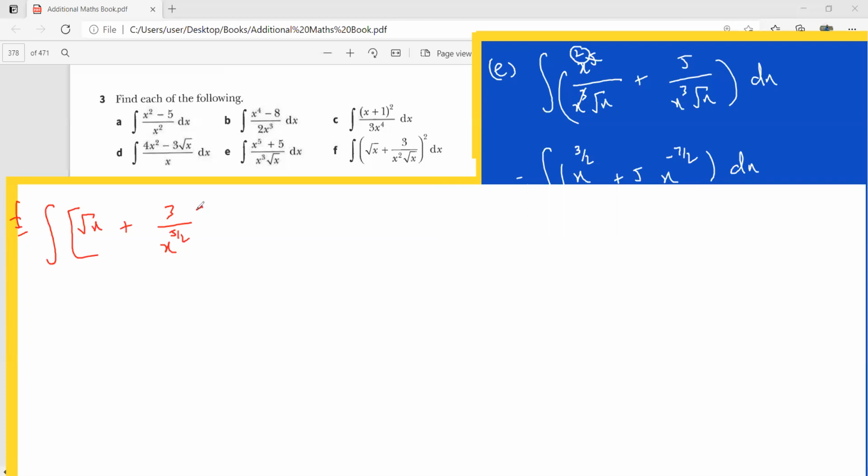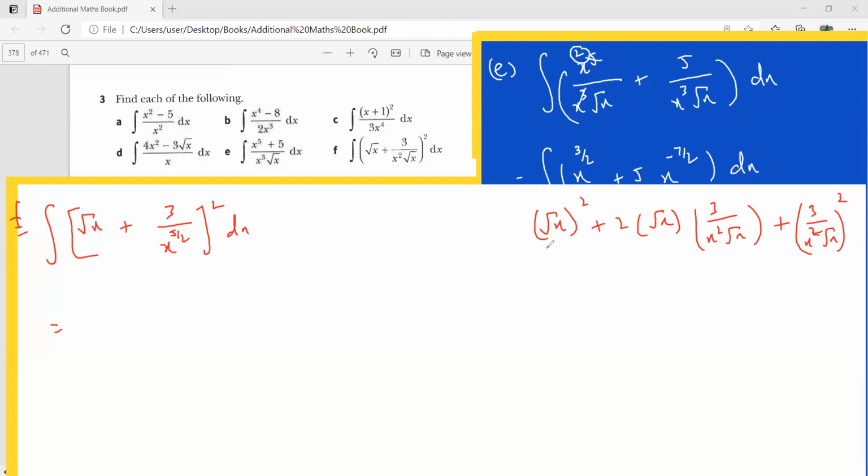And then there is a square on it. Let us open the square. It is going to be root x whole squared plus 2 root x into 3 over x squared root x, and then plus 3 over x squared root x whole squared. This is your a squared plus 2ab plus b squared.